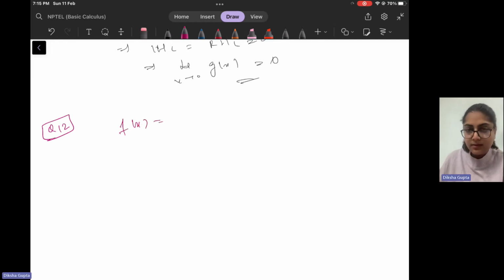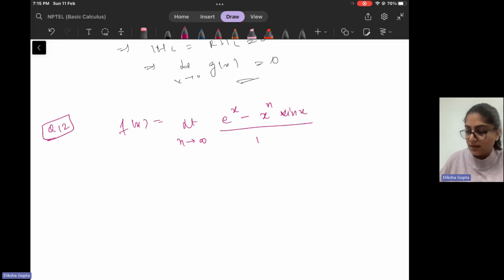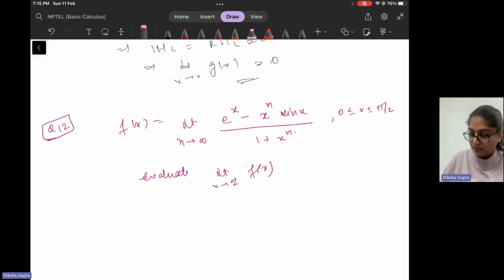Just note the function here carefully: f at each point x is defined as the limit of another variable n tending to infinity of (e raised to power x minus x raised to power n times sin x) upon (1 plus x raised to power n), when x is between 0 and pi by 2. So evaluate limit x tending to 1 of f(x).